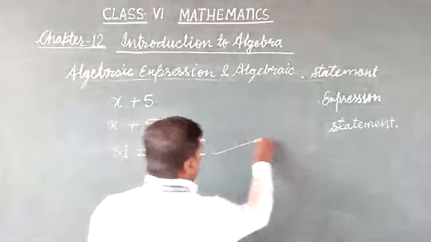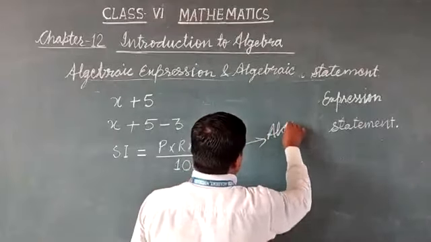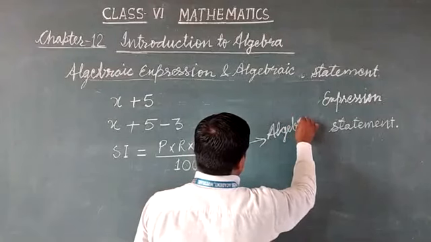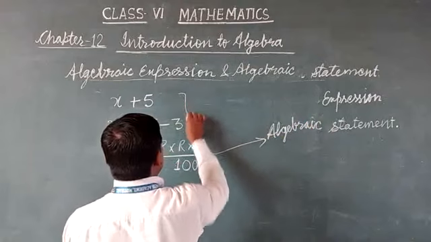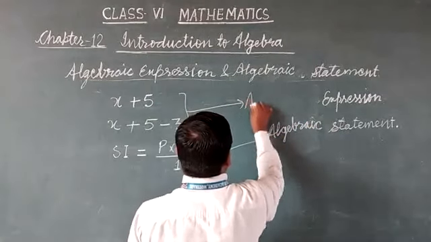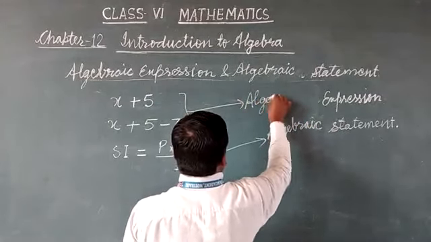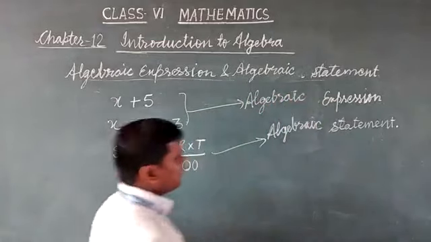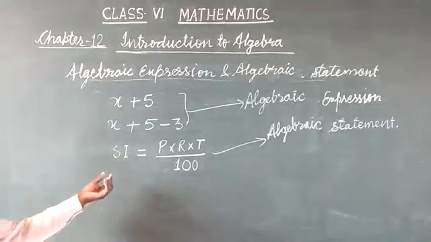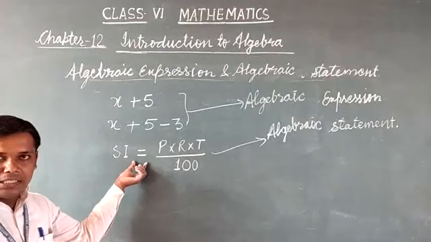So this is an example of an algebraic statement, and these two are examples of algebraic expression. Why statement? Because here is the sign of equality.